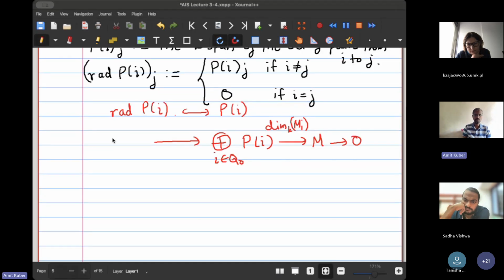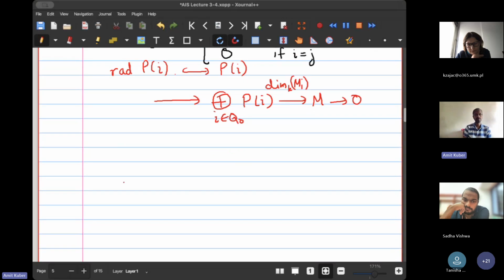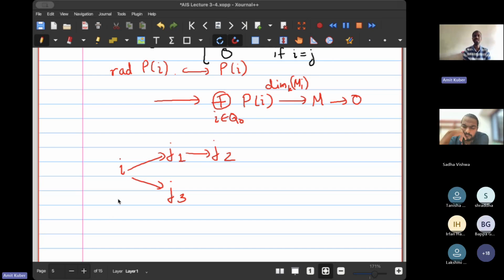Okay, if you can't think about it, let me draw some picture. So let's say this is I, this is J1, this is J2, and this is J3. And I have got something like this. Now, when I'm taking the radical, what happens? Well, this I is the piece that is connecting everything together. Do you agree with that? I keeps everything connected together. As soon as I drop that I, what am I going to get?